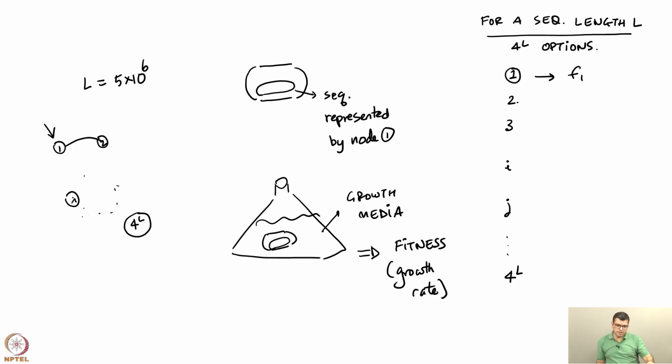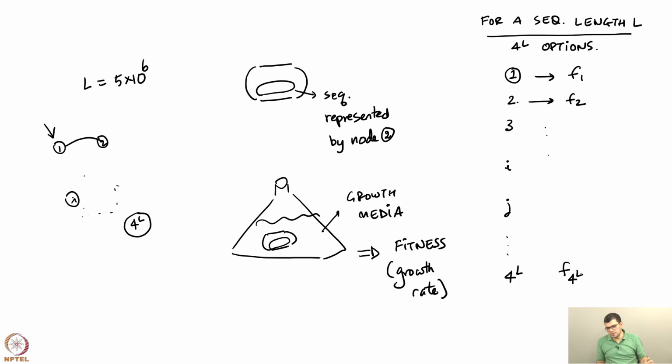In my thought experiment, I will do this again, but this time the DNA that will be carried by E. coli will be the DNA sequence represented by node 2, and hence I will get the fitness measure associated with the sequence associated with node 2, and I will write this as F2. And I will keep on doing this till I am done with all of these sequences of 4 to the power L. So, eventually giving me F 4 to the power L.